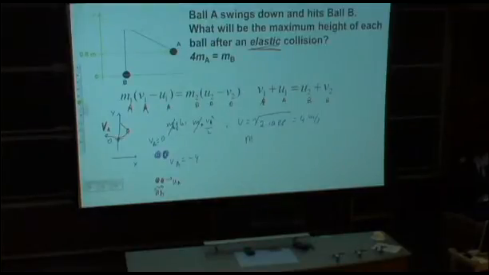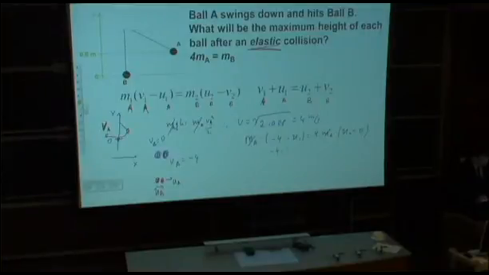MA times -4 minus first velocity after the collision should be equal to 4 times ma times u2 minus 0. And if we cancel masses, our equation looks simpler.